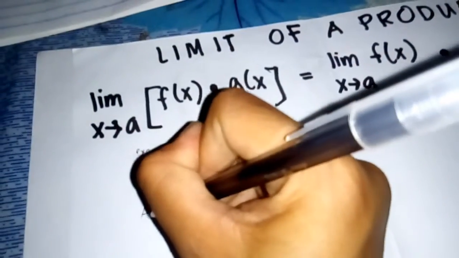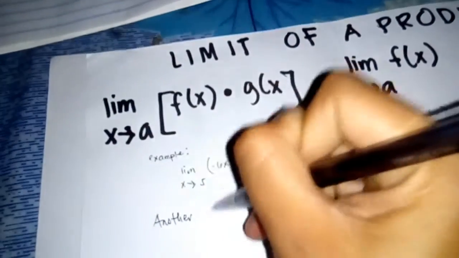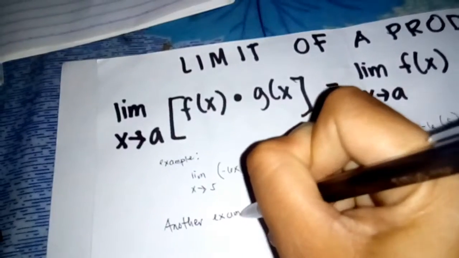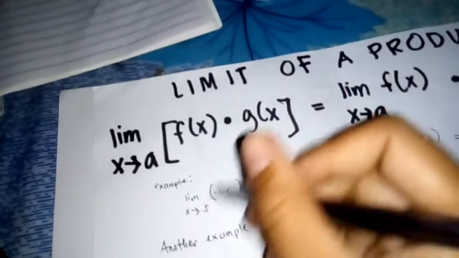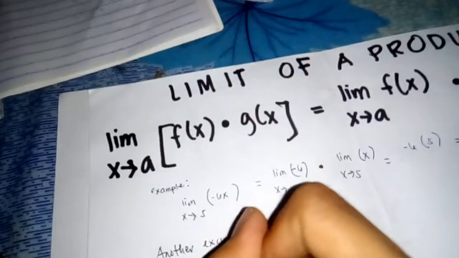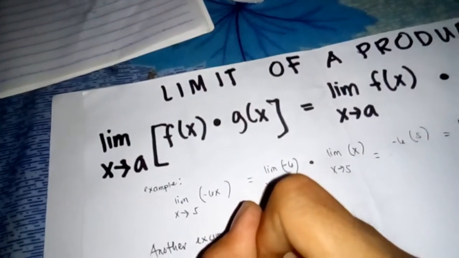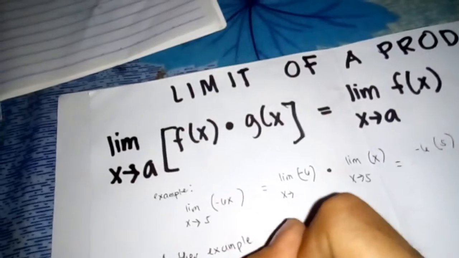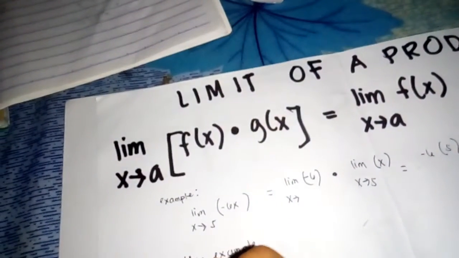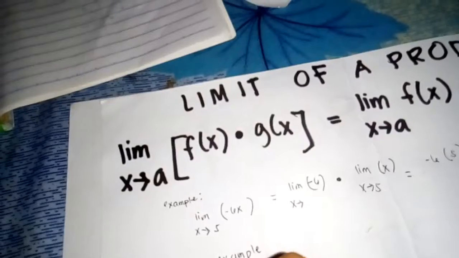Here is another example: the limit of 7x squared minus 4 as x approaches negative 2.